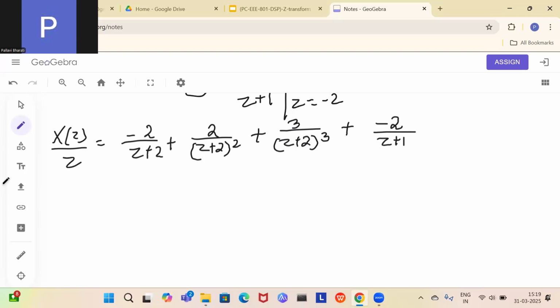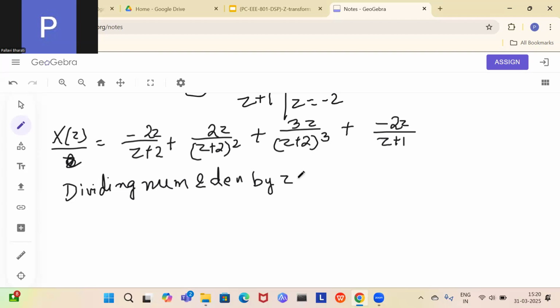Now this z over here, we will make it come over this side. And then we will do the same thing, dividing numerator and denominator by z or powers of z as it is there.